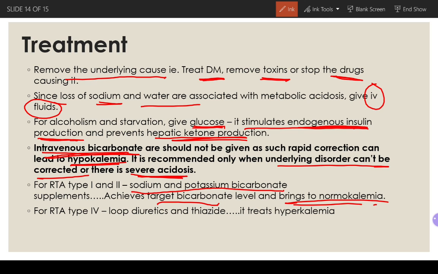But for RTA type 4, you can't give these because it already has a hyperkalemia. So you can give your loop diuretics and thiazides, which lead to loss of potassium. So this can treat the acidosis as well as the hyperkalemia component of it.